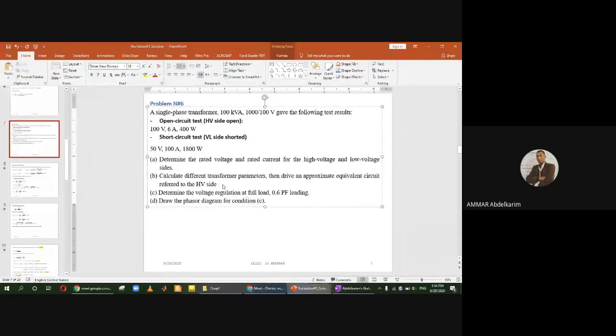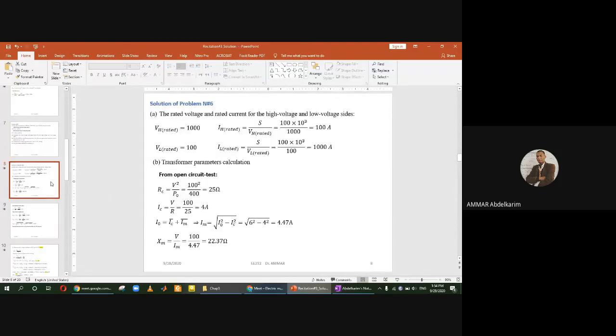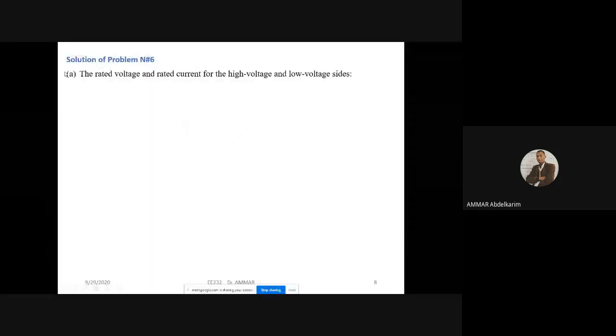So here it's leading power factor, and draw the phasor diagram for condition C. So the first question is the rated voltage and rated current of the high and low voltage sides.